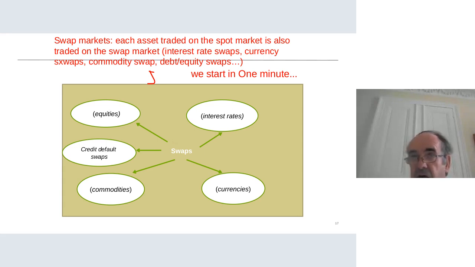Okay, so the interest rate swap is a way to change your debt when you want, at any moment, from variable to fixed or from fixed to variable.